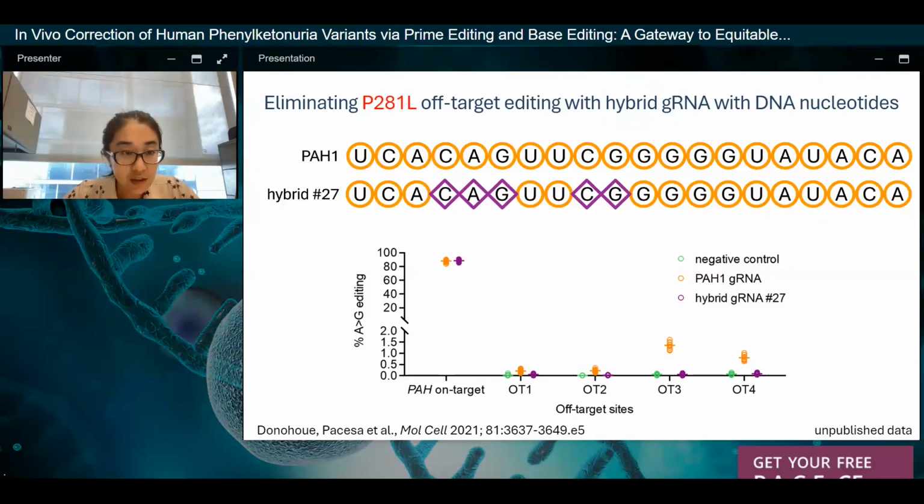Hybrid 27 not only maintained on-target editing, as you can see on the left, the purple versus the orange, but it also reduces editing at each of the 4 off-target sites to the background levels, the purple versus the green. So we've effectively eliminated the off-target editing.